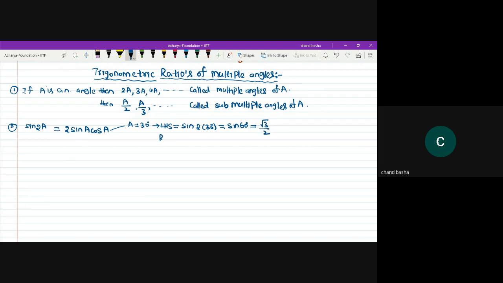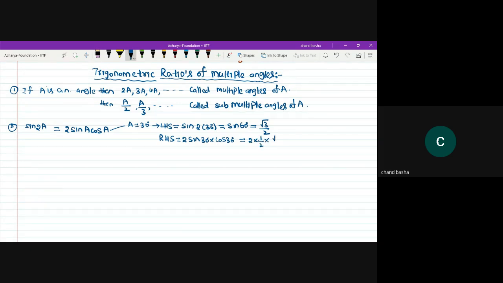And RHS, I'm going to check whether RHS value is also the same. It is 2 into sine A cos A. A value is 30. So 2 into, what is sine 30 value? 1 divided by 2.